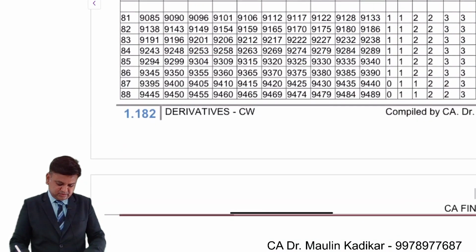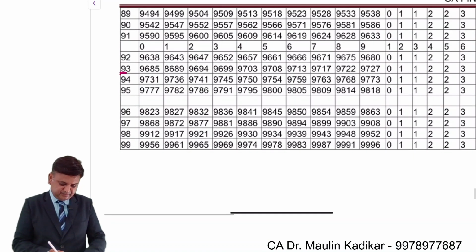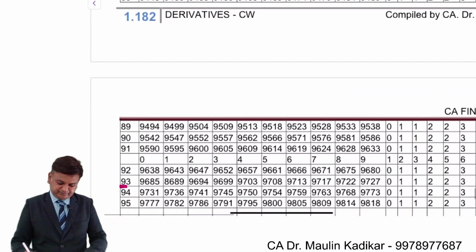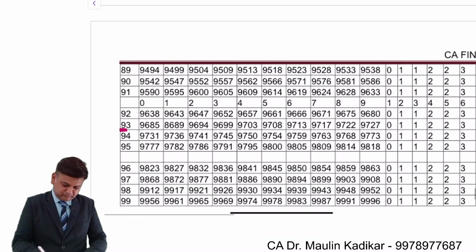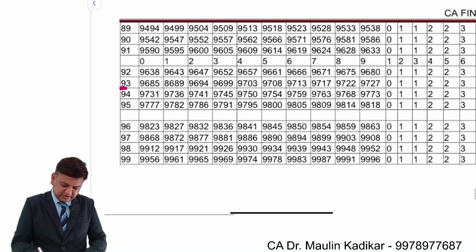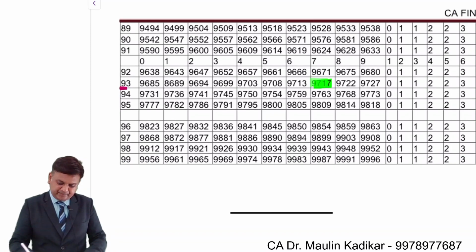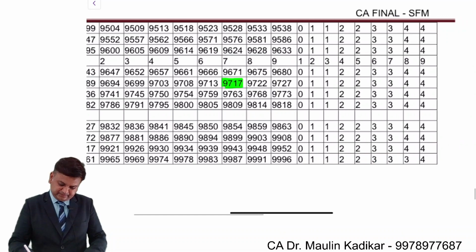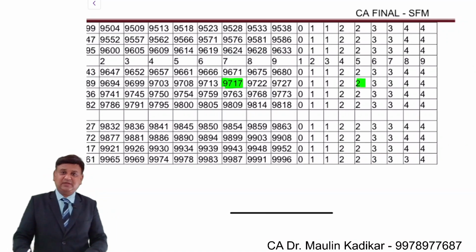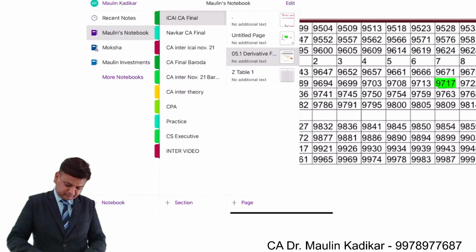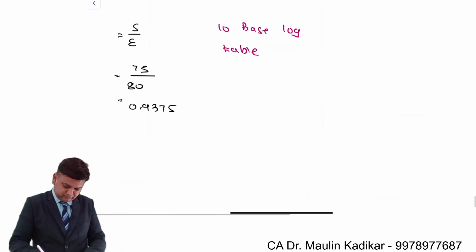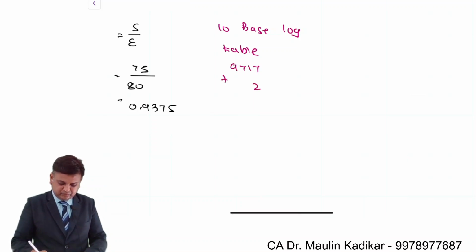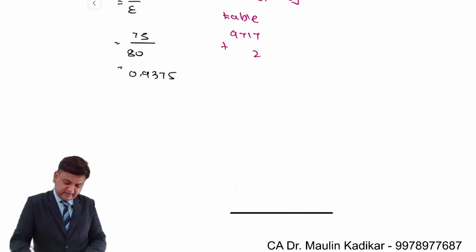So it is 93 and that's 7, and mean difference of 5. So it is 9717 plus 2. So it is 9719.